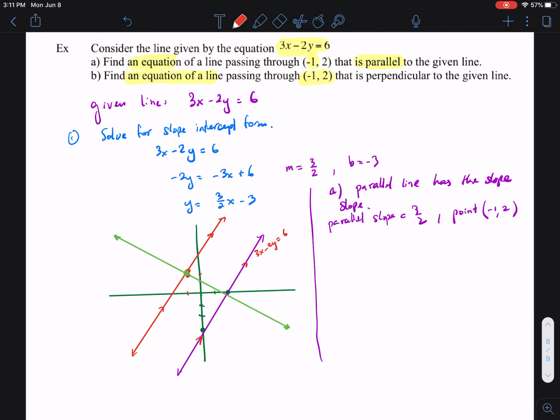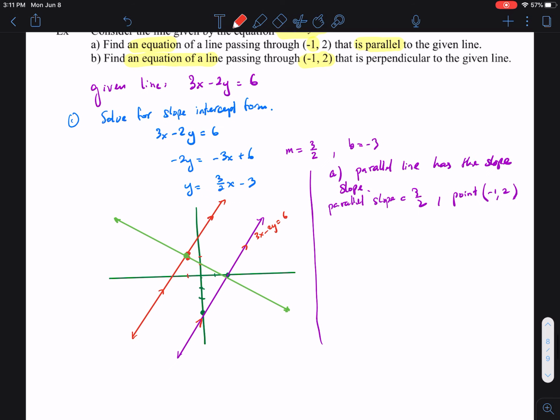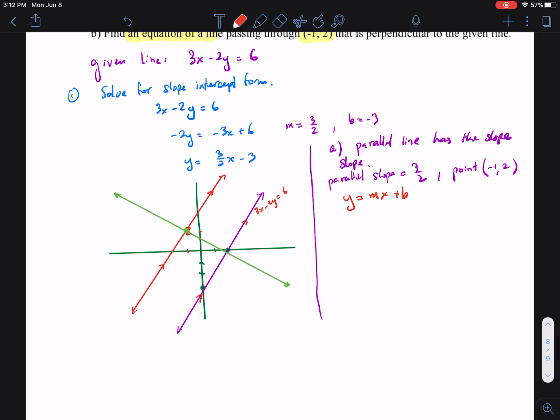So to find this equation, we can use y equals mx plus b, the slope intercept form. We plug in the slope and plug in the point. The slope is 3/2 because it's parallel to the given line, and the point is -1 and 2. So 2 for y, m is 3/2, x is -1, and b we have to find. So 2 equals -3/2 plus b.